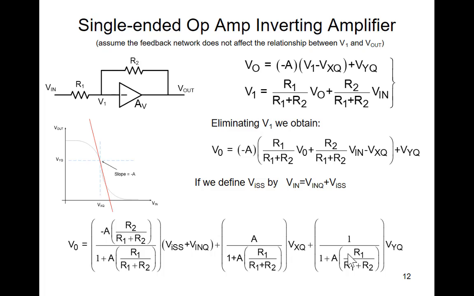If I define the small signal input to be what I add to the Q point input to form the overall input, then I can plug this back into this equation here, and I have the relationship between the output, the small signal input, and the quiescent values of the X and the Y coordinates.